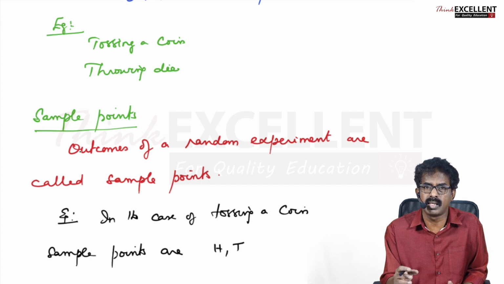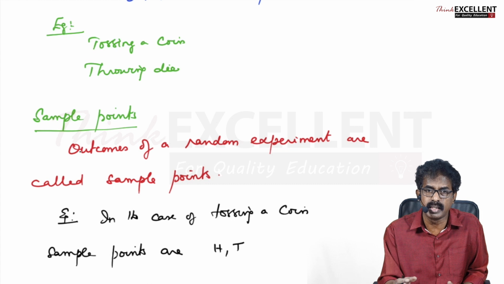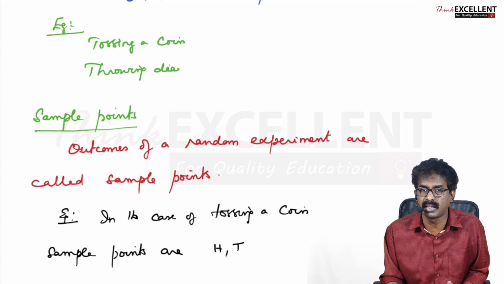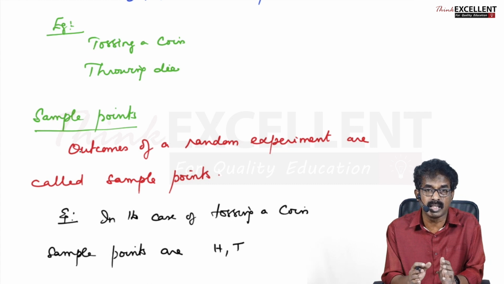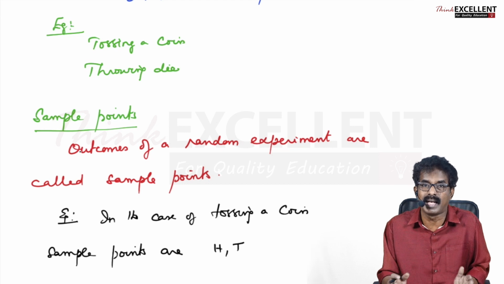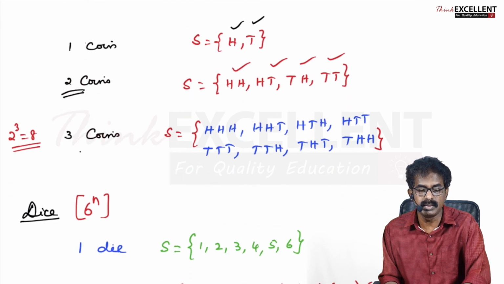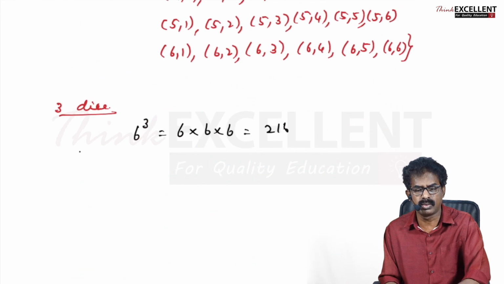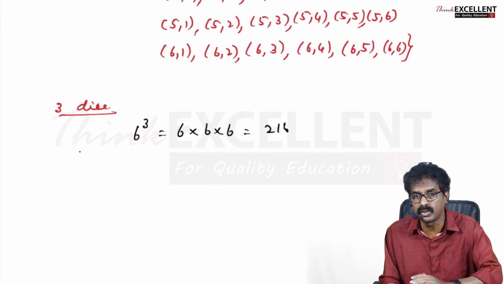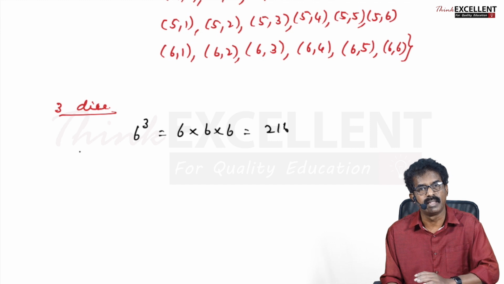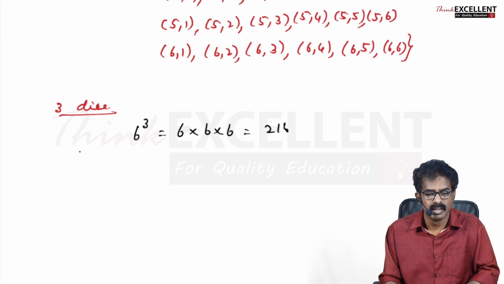There are 6 faces. When you throw, any one of the 6 will come. The chances are equal, so we call it equally likely. Just go through all these things. Once you understand this theory part fully, then the sums you can do very easily.